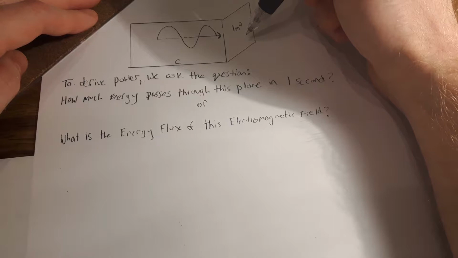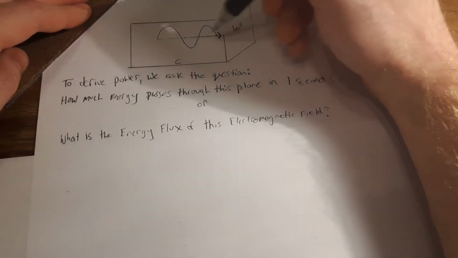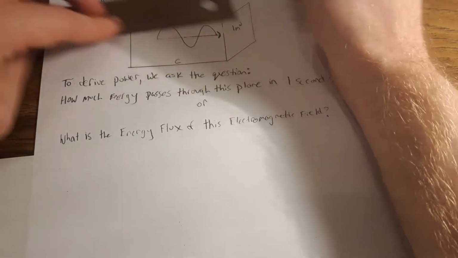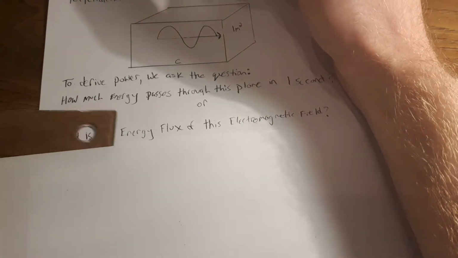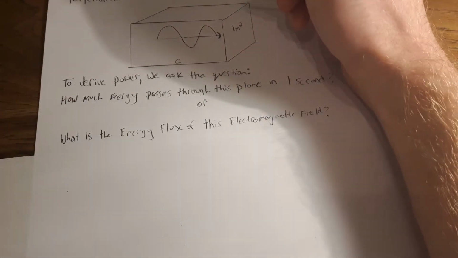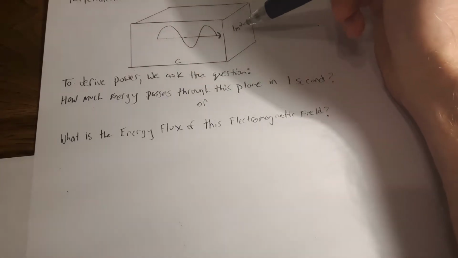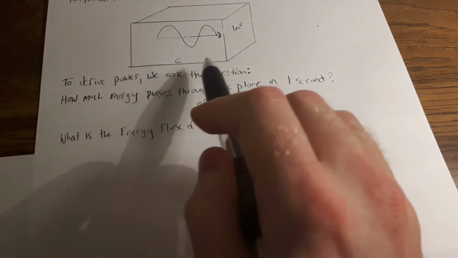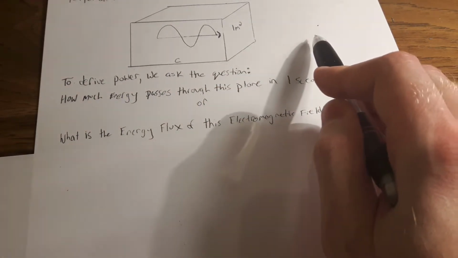So now I'm going to calculate how much energy comes through this 1 meter squared in 1 second. Well, the volume of this box is c meters cubed, and all the energy inside of this box will travel through this plane in 1 second, because all of this light will travel the distance c in 1 second to be on this side of the box.